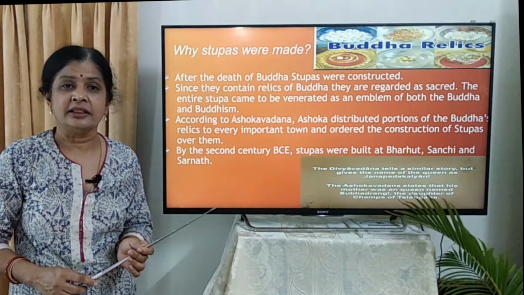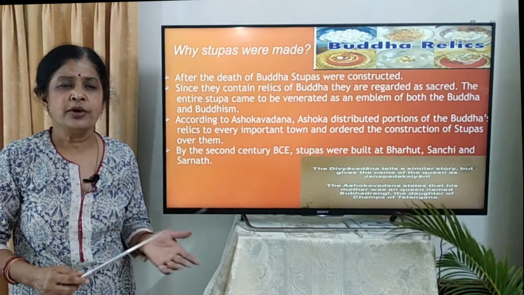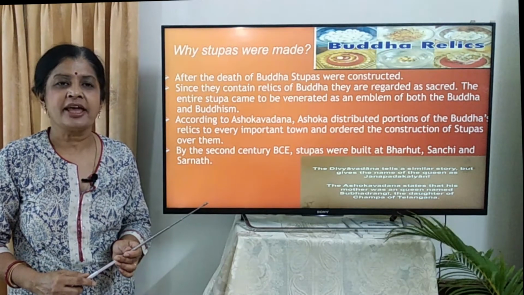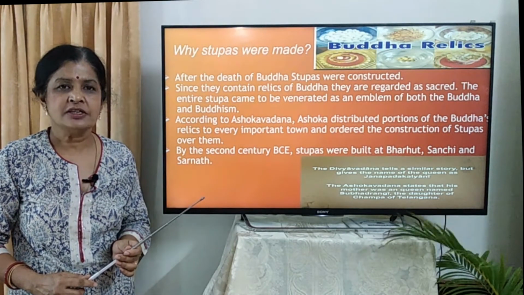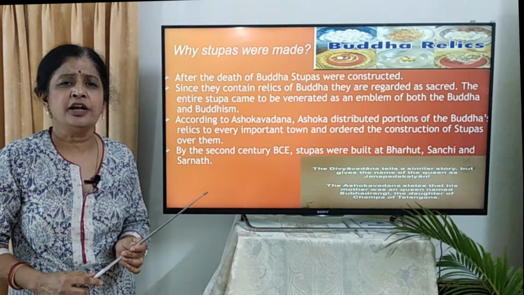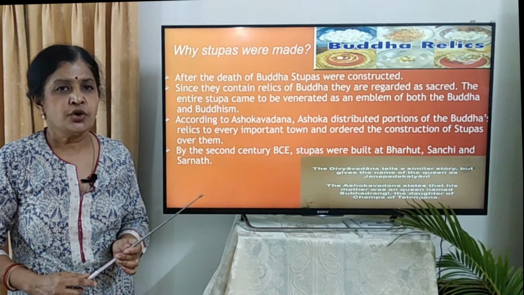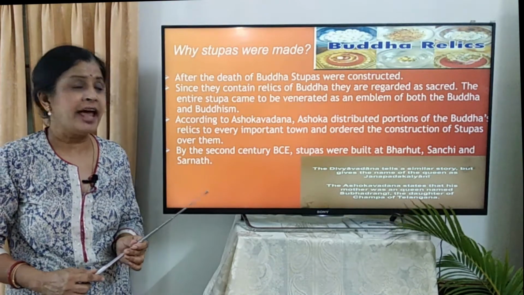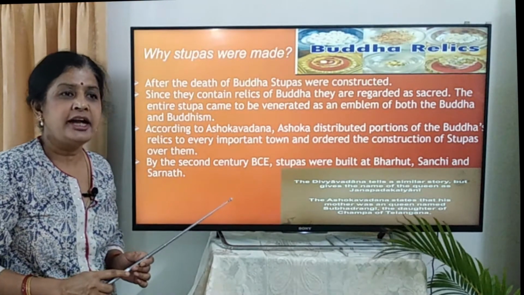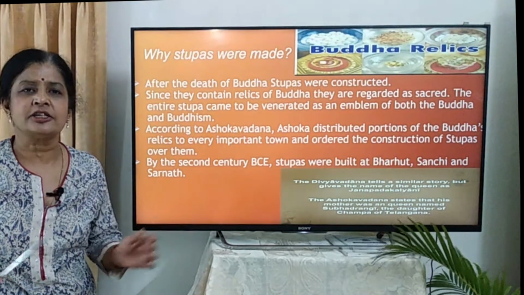But how could Ananda make the stupas? He was only a monk. So this work was done by King Ashoka, because he was a Buddhist himself and a great devotee of Buddhism. He decided to take the relics, that is the bodily remains of Buddha, and divide them into 8 pots.